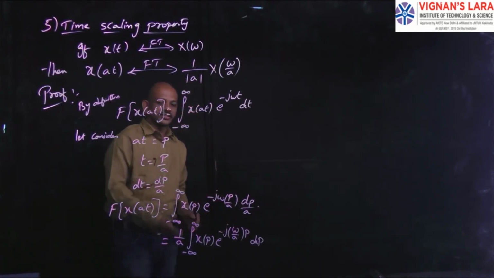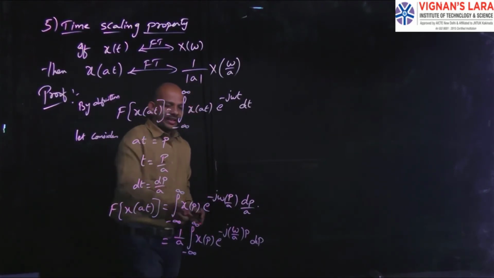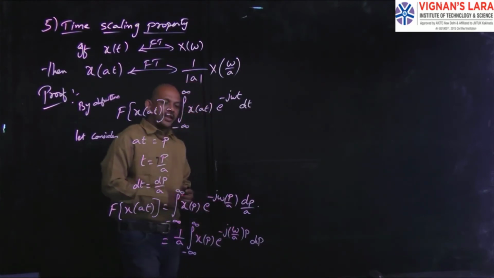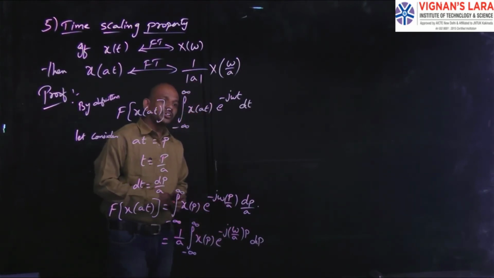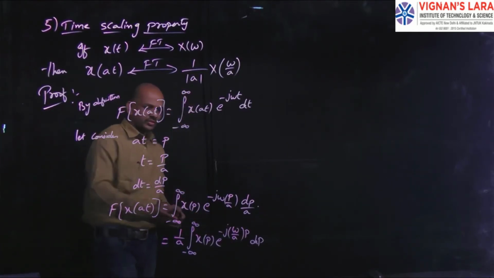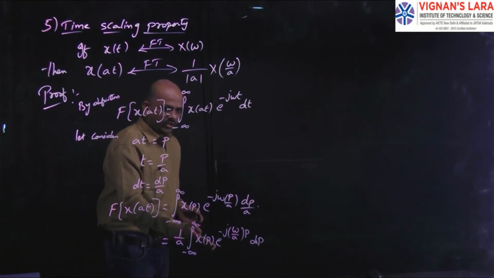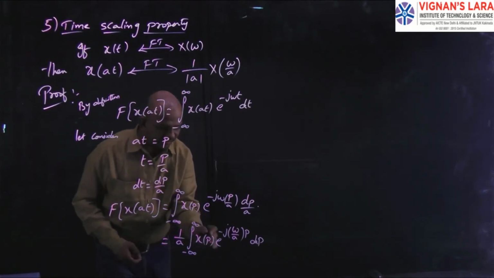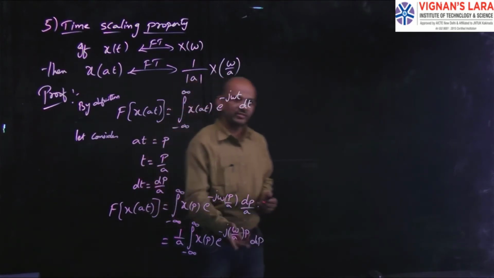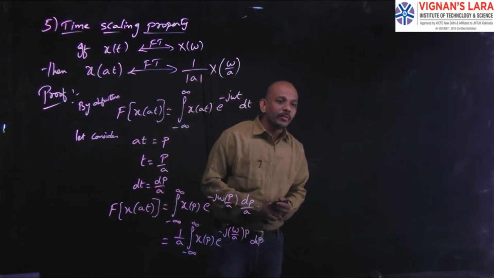So the integral of x of p e power minus j into omega by a into p dp will be the formula for X of omega by a.